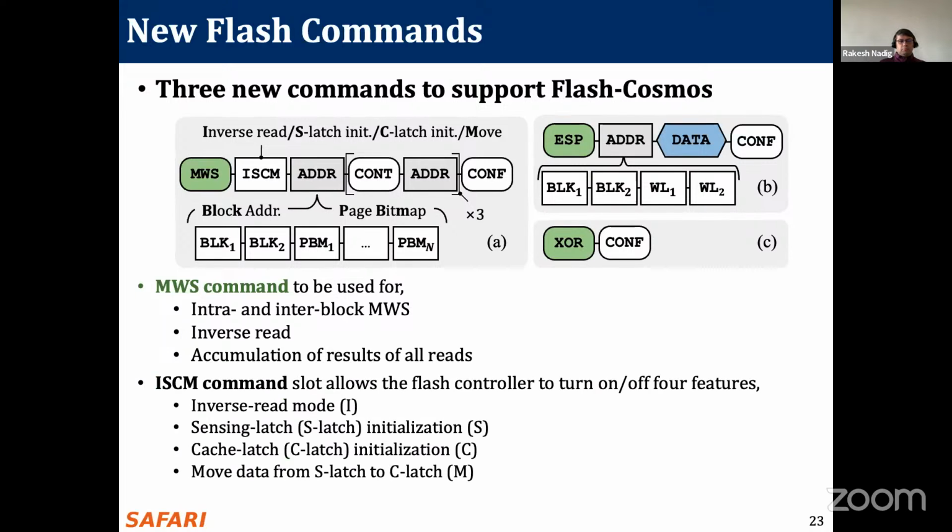We also introduced another command slot along with MWS called ISCM, which allows the flash controller to turn on or off 4 different features. With ISCM, we can enable or disable the inverse read mode, and we can also initialize the sensing latch and the cache latch, and control the data movement between the sensing latch and the cache latch.